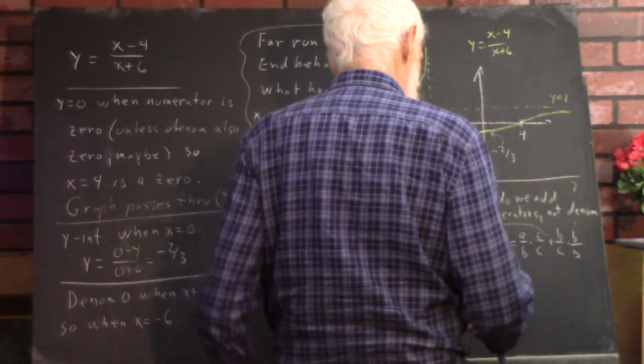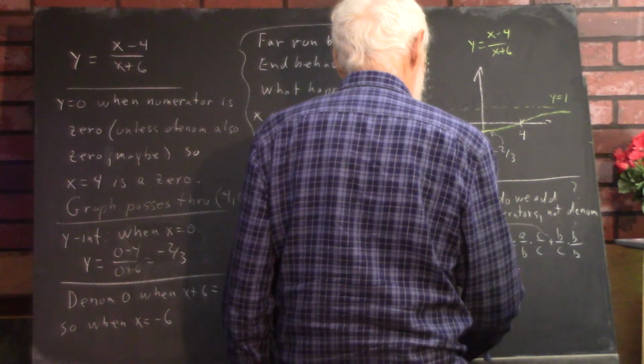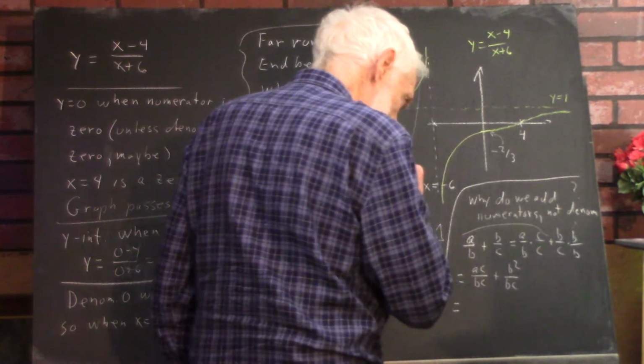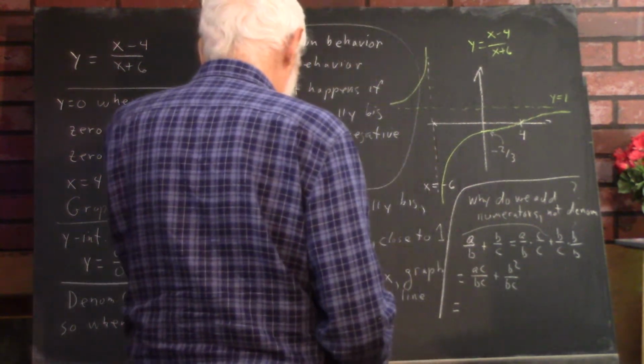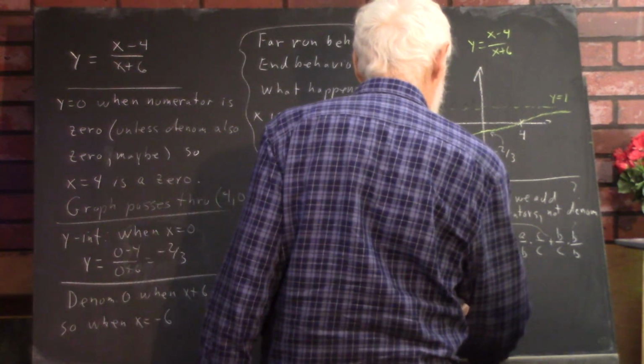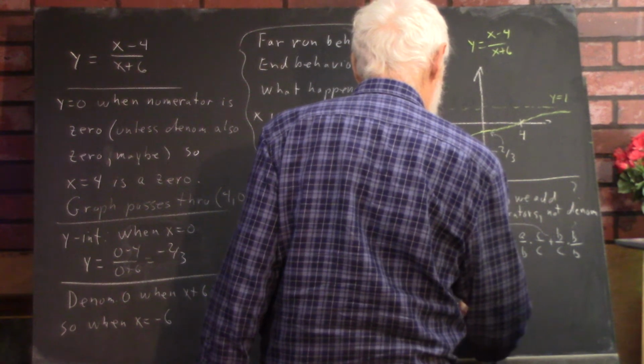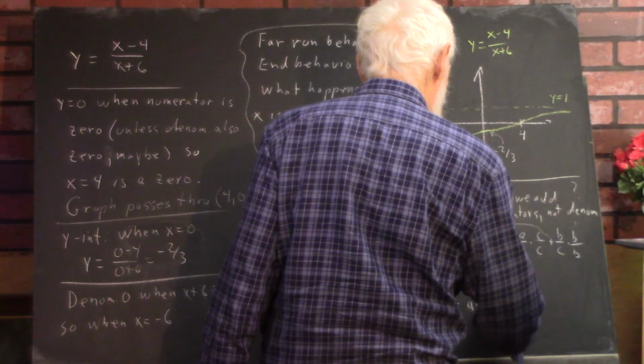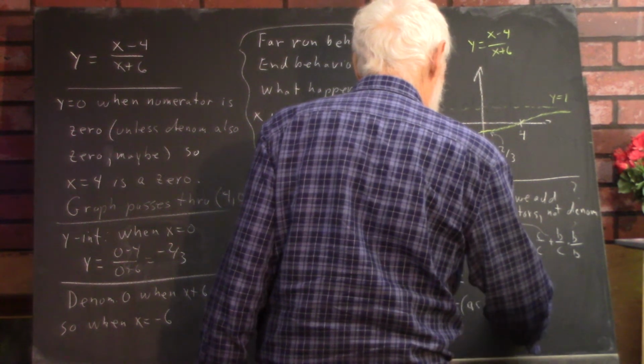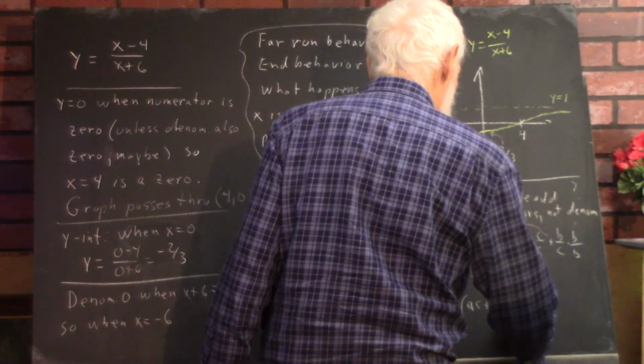Well, it's pretty plain that we could factor this, okay? We could factor this as ac plus b squared times 1 over bc.